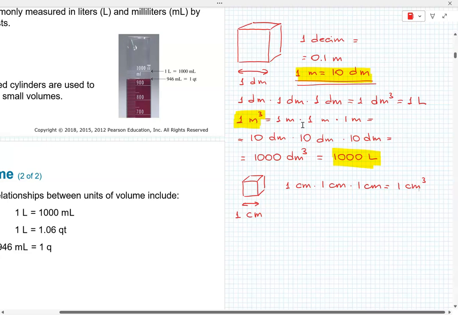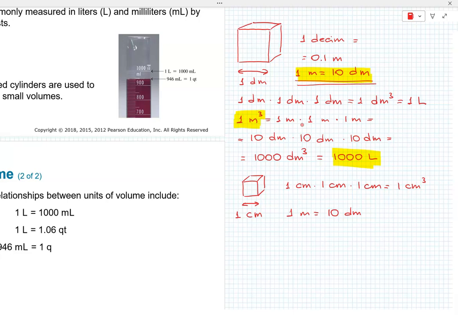So if you are familiar with prefixes in the metric system, deci, as Zachary said, is 1/10. Centi is 1/100th. So we can put this relationship forward. 1 meter is 10 decimeters. Everybody follows me on that?